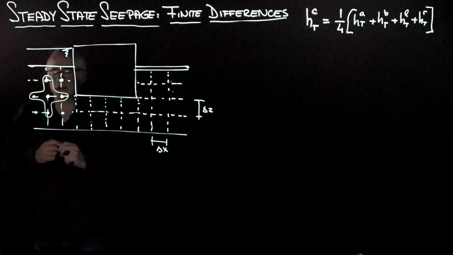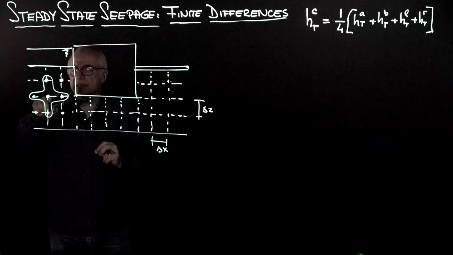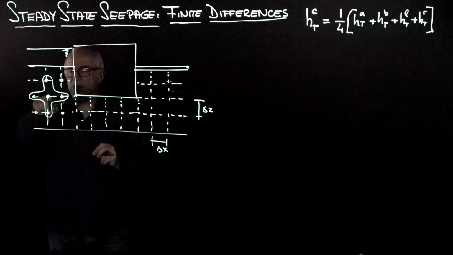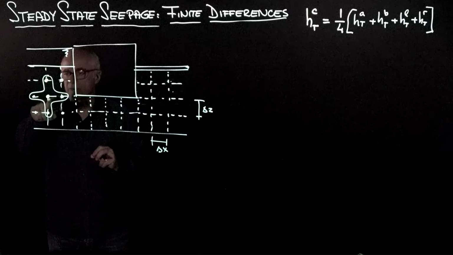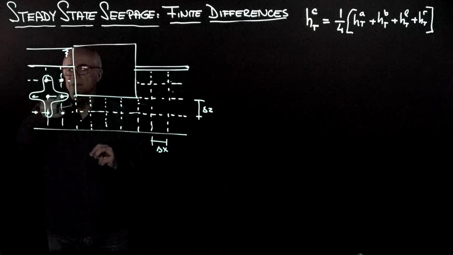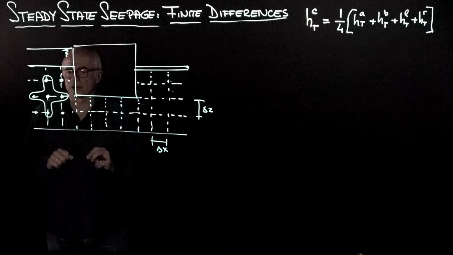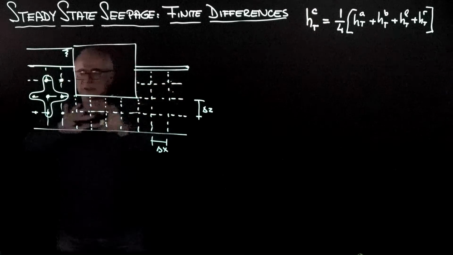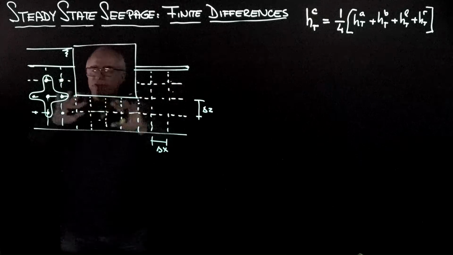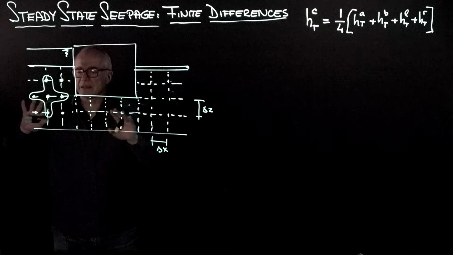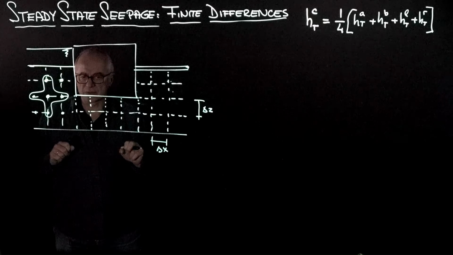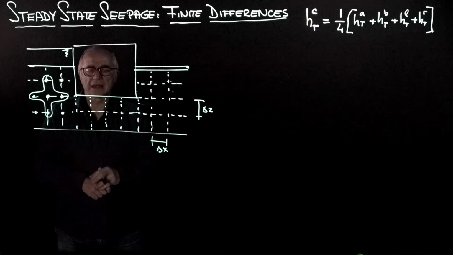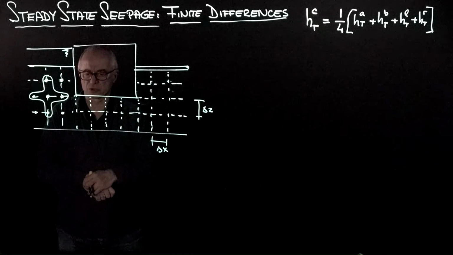This is the kernel. And I'm going to come to this point and say, what is the total head at this central point? It is the sum of the 4 total heads of the neighbors divided by 4. And this goes everywhere. And I will continue moving this cross back and forth until the values don't change anymore. At that point, I have converged to the solution.